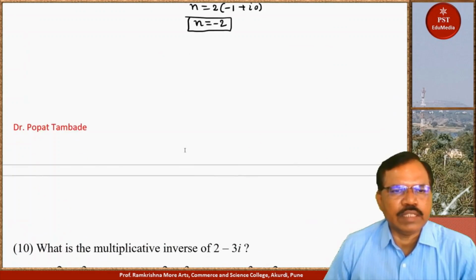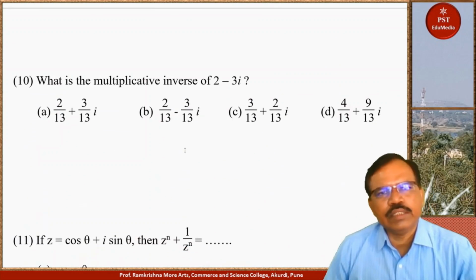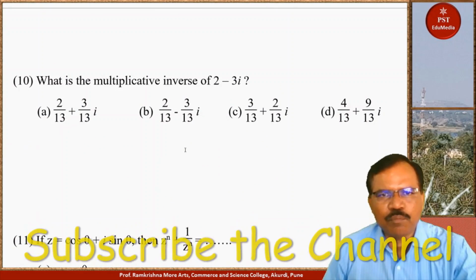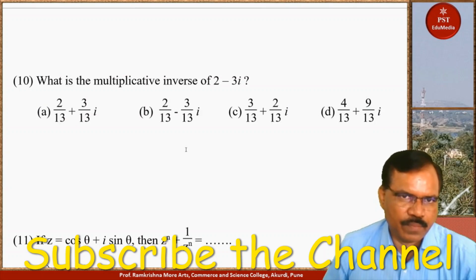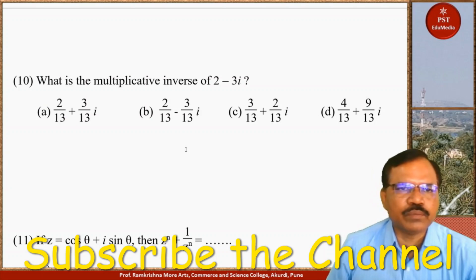Now we'll see the next one. What is the multiplicative inverse of 2 minus 3i? And we have 4 alternatives.